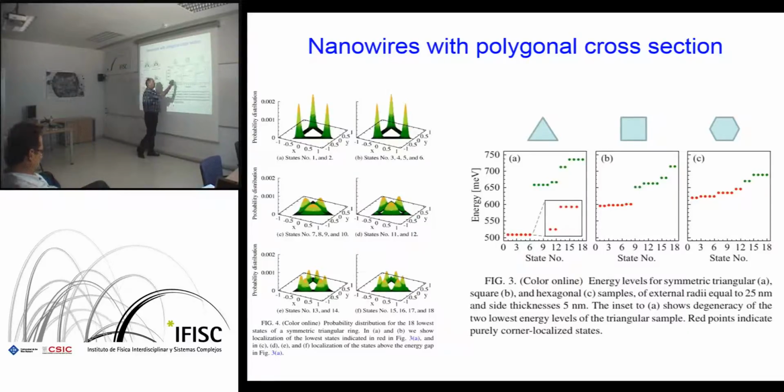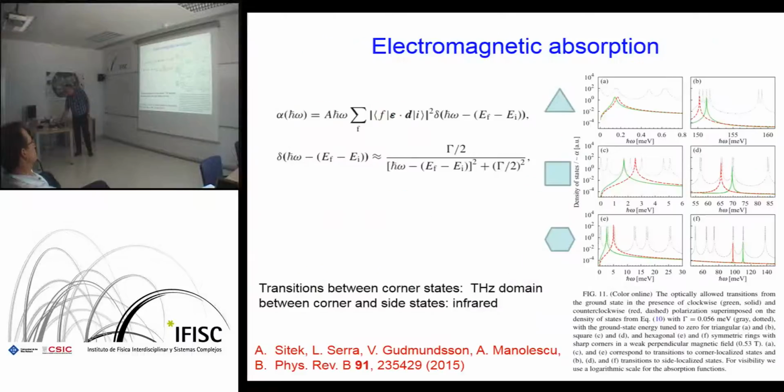But still, depending on the aspect ratio, you can see an optical effect of transitions between corner states only, but you can also see transitions in a completely different domain between corner and side states. So one would be some terahertz, the other one can be almost or far infrared, probably not visible, but some infrared.